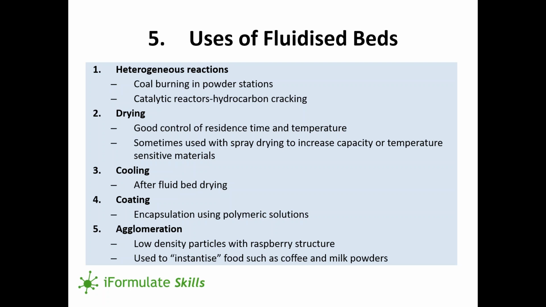So it's a common way of what they call instantizing food, such as powdered coffee and milk powders, where the intent is to allow you to increase the particle size so that these soluble materials can get a chance to disperse quickly as the consumer uses them.